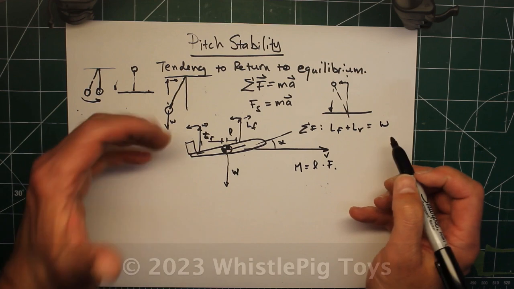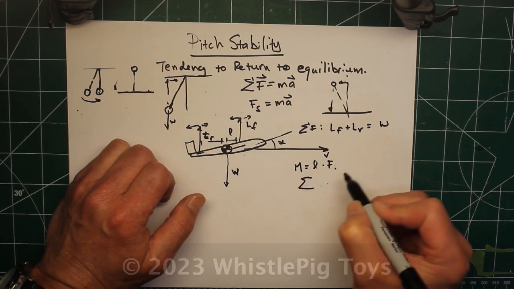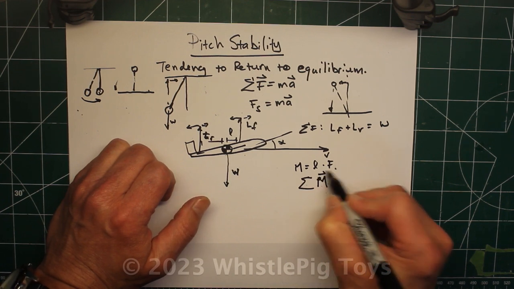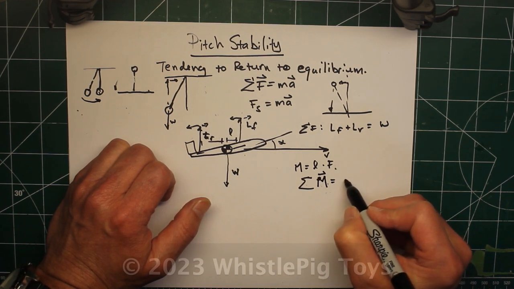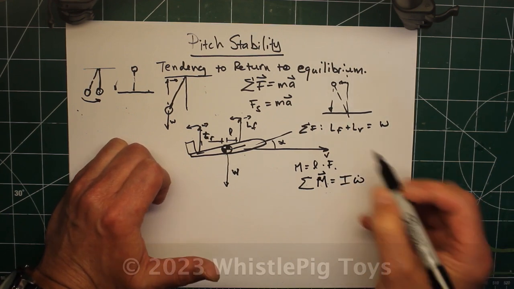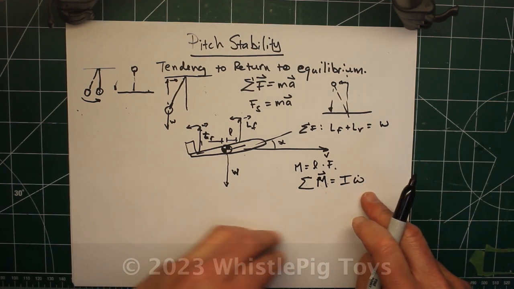Okay, and it turns out, I'm not going to prove this, but you can write a similar law. The sum of all of these moments is equal to something called the moment of inertia times the angular acceleration. Basically, force is mass times acceleration.